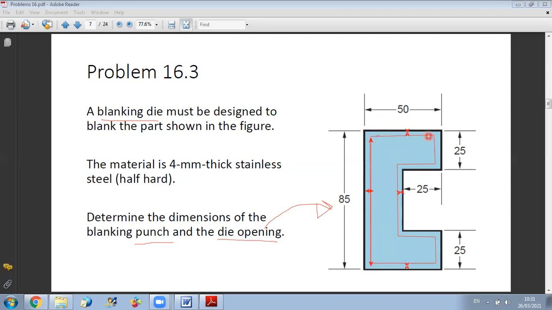Now, concerning this part, the same. The total length here is 50. I subtract C from this side and C from this side, so it's 50 minus 2C. For this value, the same. This length will be 25, also minus 2C.